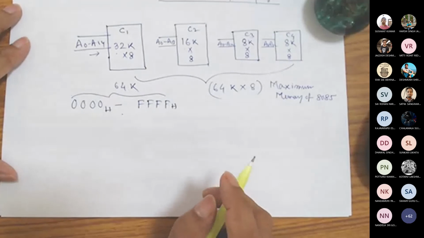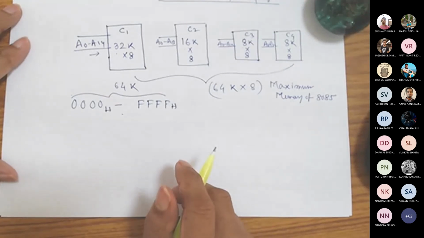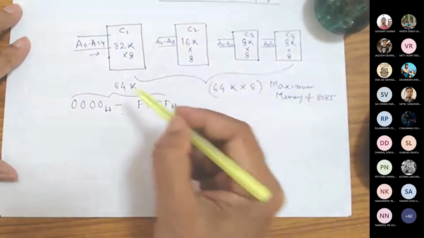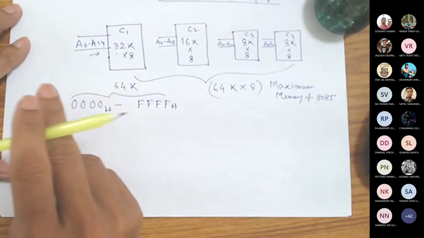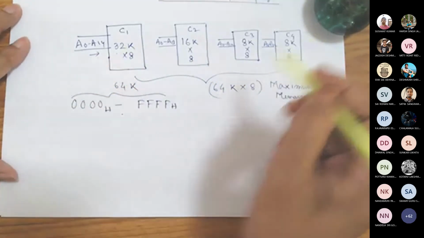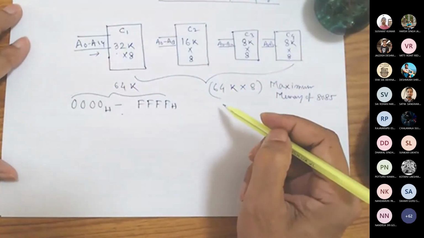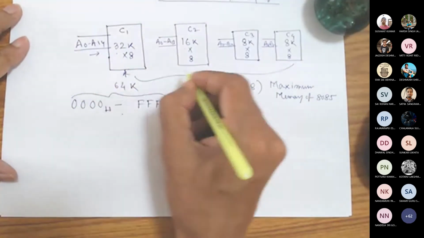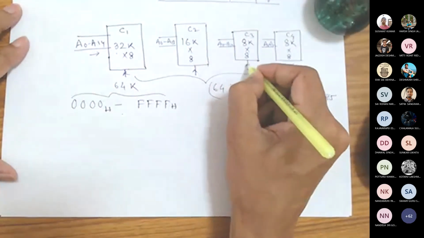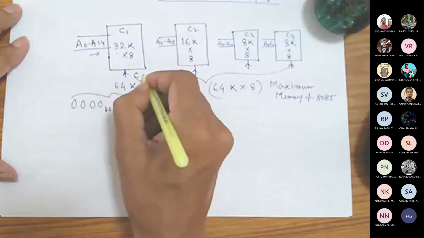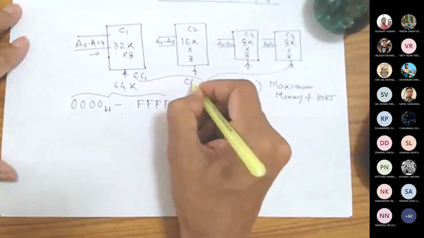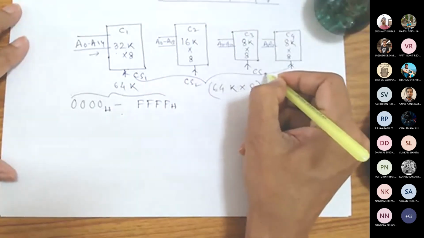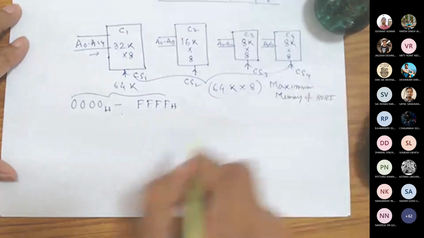Now how do we select where the value comes from? I want to select the right memory while reading and writing operations. That's why we need those chip select signals, if you remember why I was talking about that chip select signal: CS1, CS2, CS3, CS4.